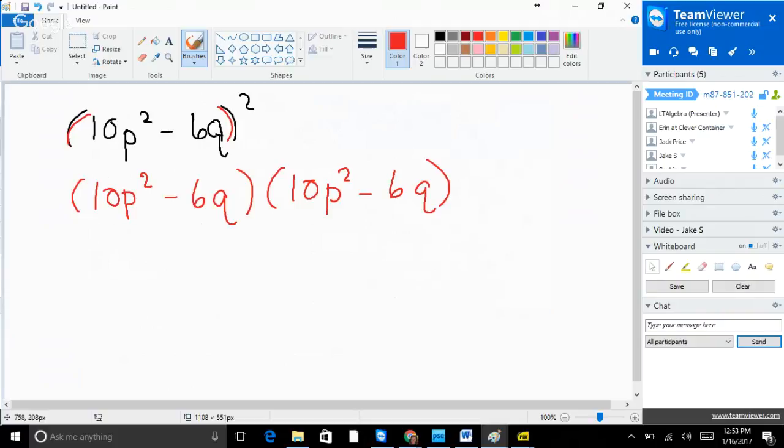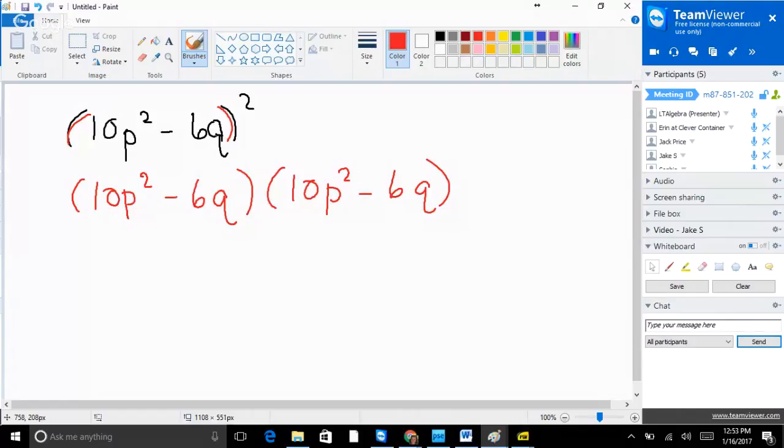That's the first step, to recognize that the whole thing is squared, so we can rewrite it like that. Once we have it written like that, we're like, huh, this looks an awful lot like FOIL, right? Two binomials that are multiplied together. That's how we'd say it in mathy words, but it looks like a problem that we FOIL.